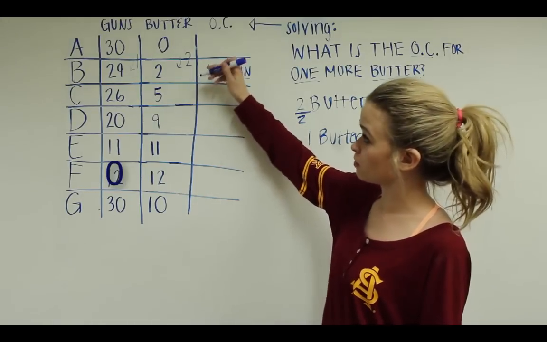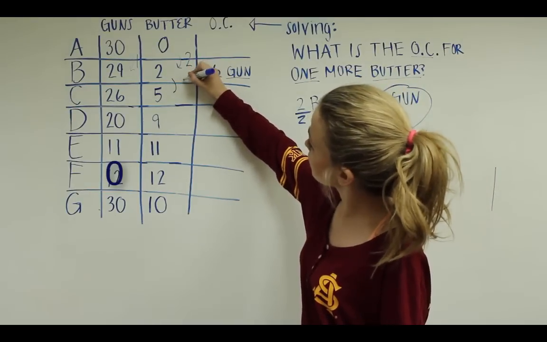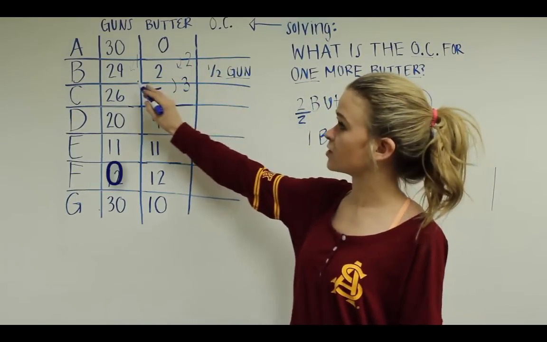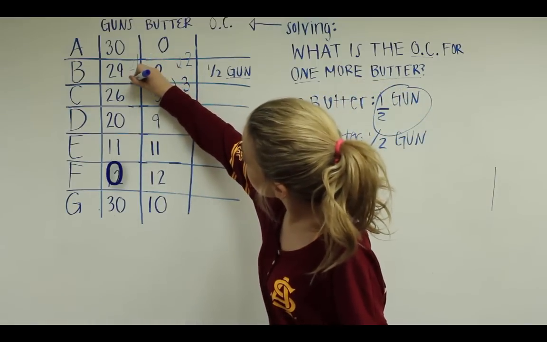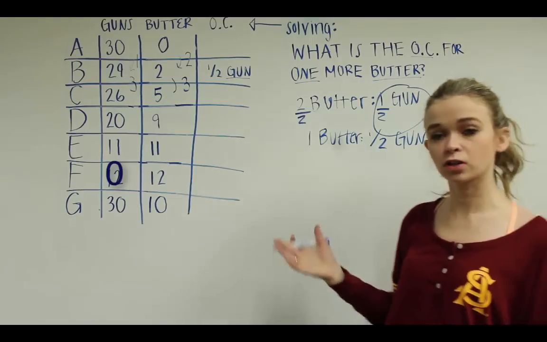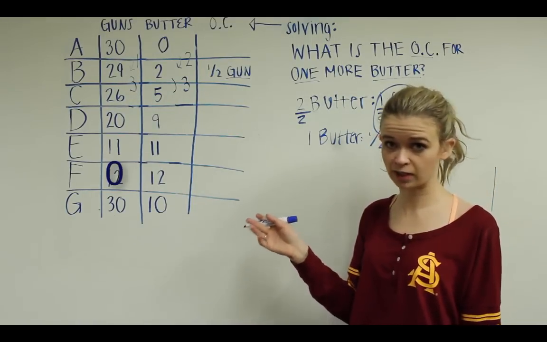So, as we move from B to C, on butter, how many are we gaining? 2 to 5, that's a gain of 3. And how many guns are we losing? 29 to 26, that's 3. Okay, so we're going to do this one in regards to the loss to gain division to make it a little bit easier.